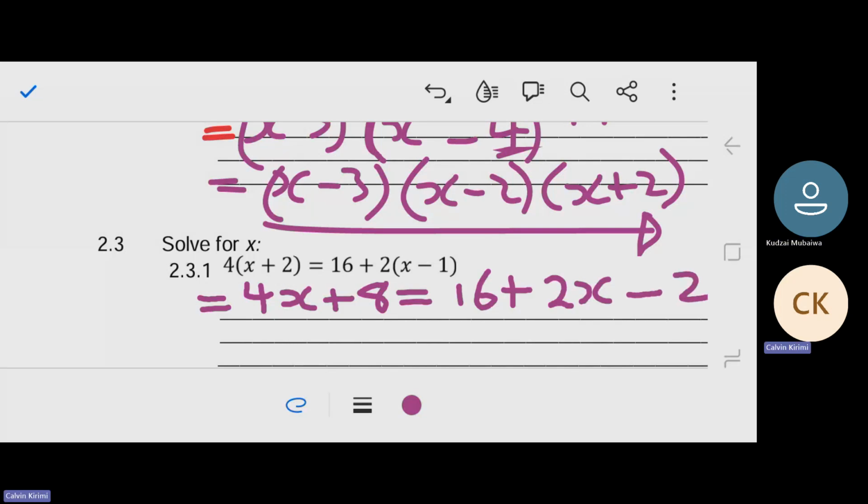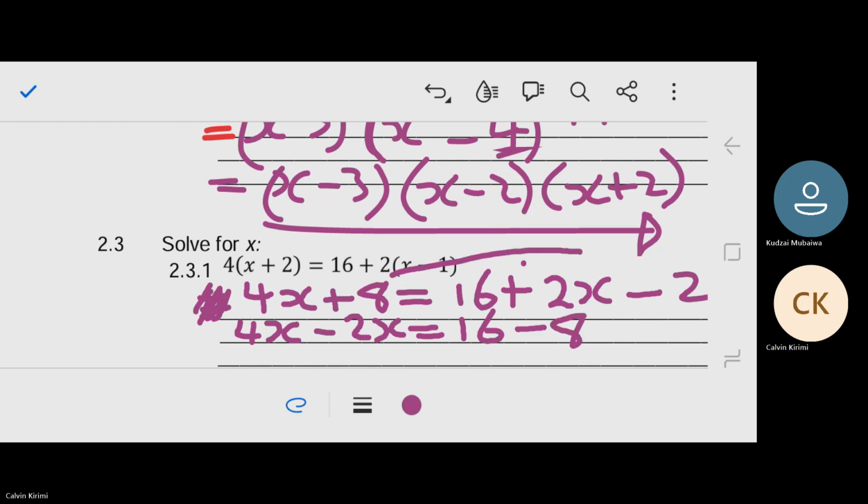And the equation only has one equal sign, so you don't put this one. Only one equal sign. Then we move the 2x to the other side. So it will be 4x minus 2x equals 16. Then the 8 goes this side and becomes minus 8, the 2 stays where it is, minus 2.